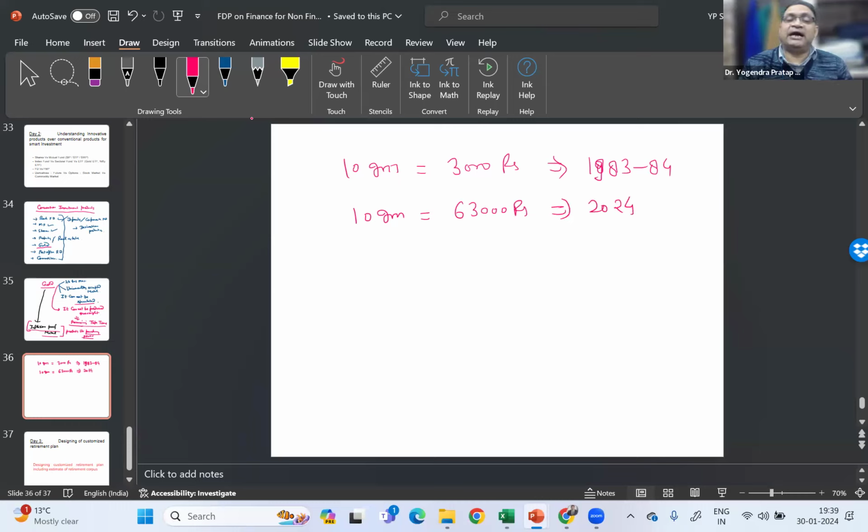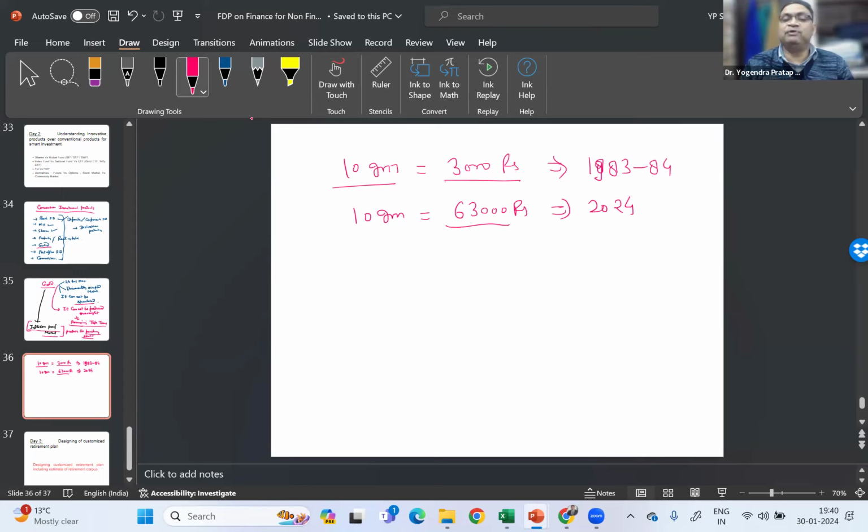Sir, let me explain. In 83, with the help of 10-gram gold, whatever food items like wheat, rice, whatever food items you could purchase, that amounts to rupees 3,000. Nowadays, with 10-gram gold, you can purchase the same items.